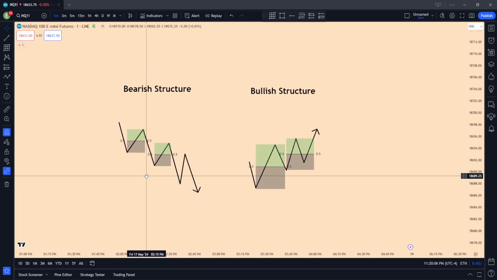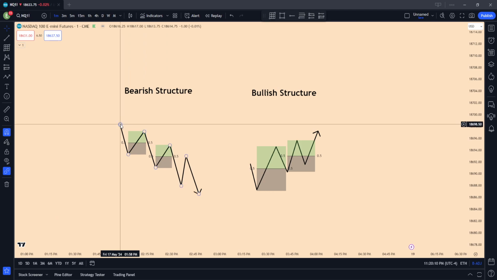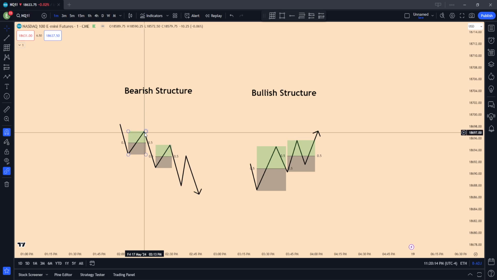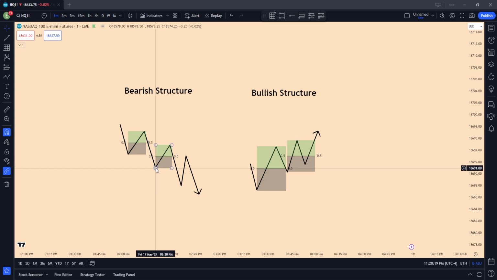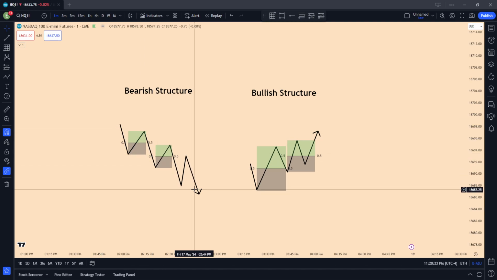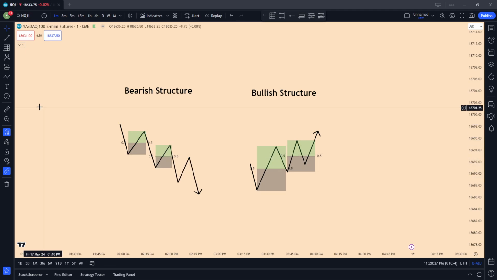If you see here, we have a high that's being made, we have a low, we have a lower high, and then we have a lower low. This is, I guess you can call it, the characteristics of a bearish trend.